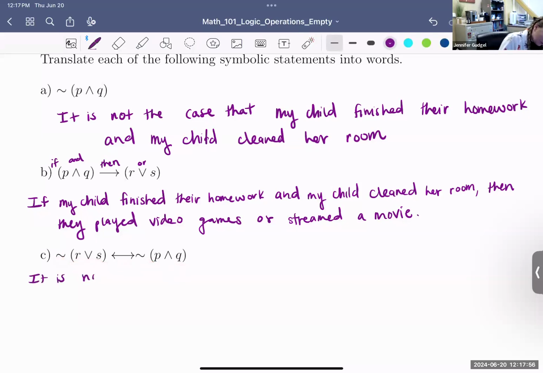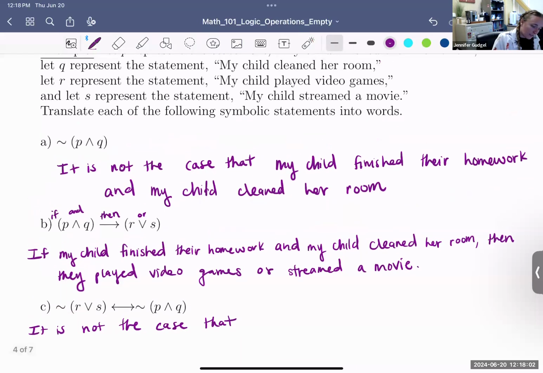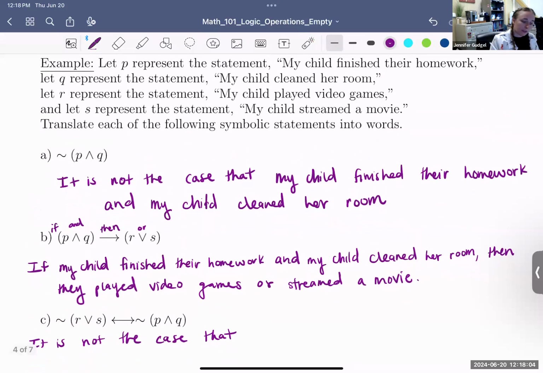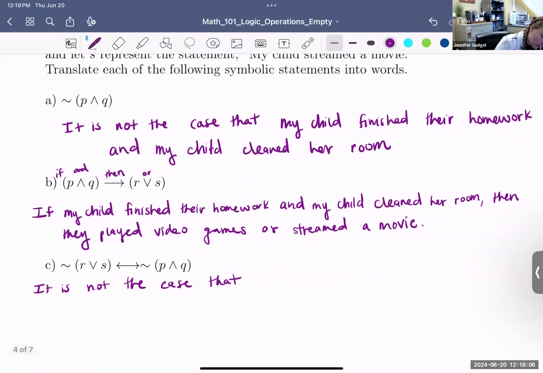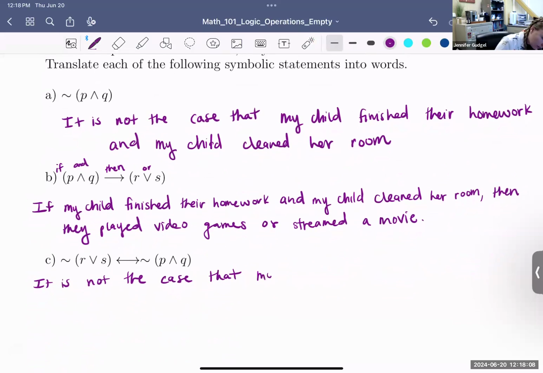It is not the case that, and R or S was my child played video games or streamed a movie. So that my child played video games or streamed a movie. And then we have our if and only if.